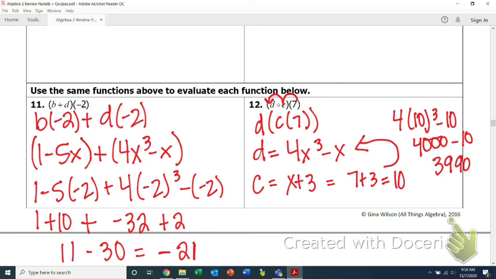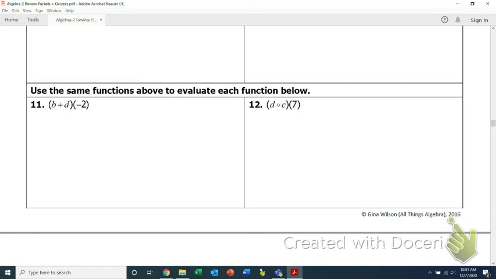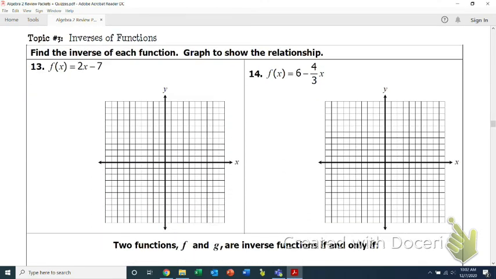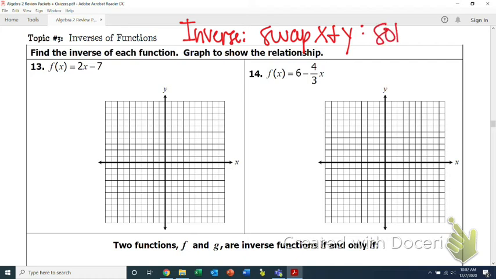All right. On the back, we're taking it way back to topic 2. Find the inverse. All right, so remember, inverse: swap x and y, solve for y.